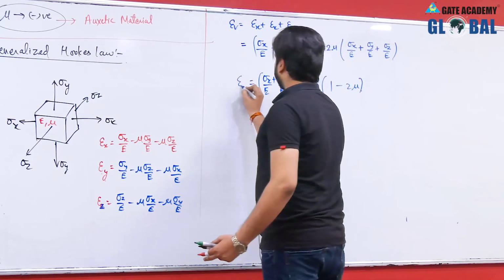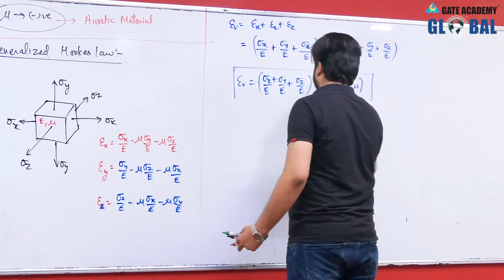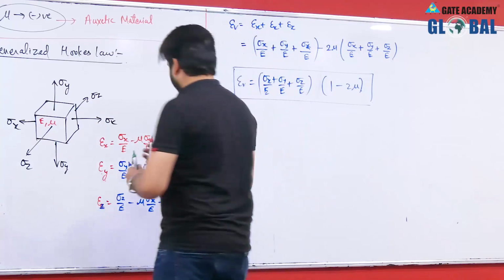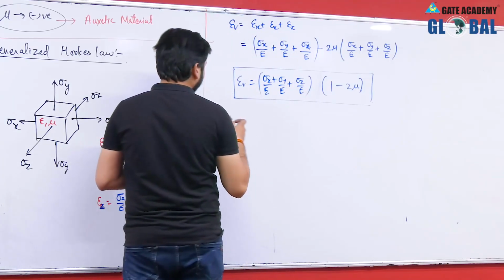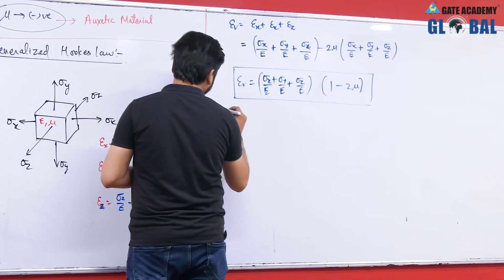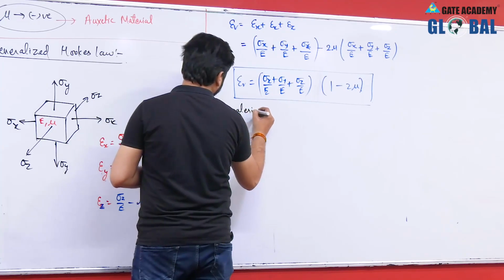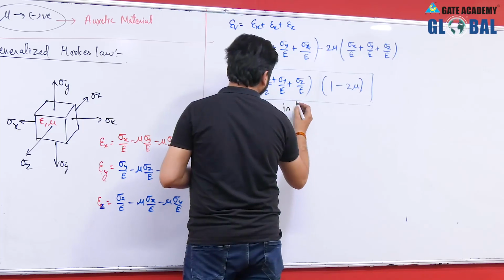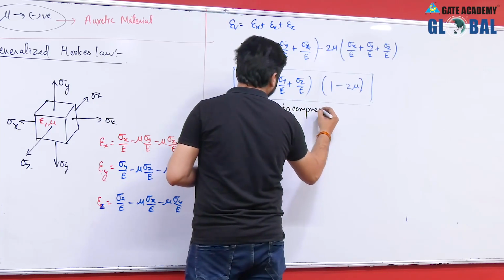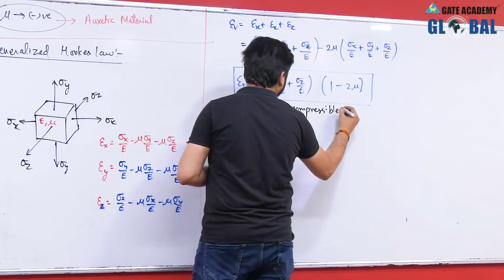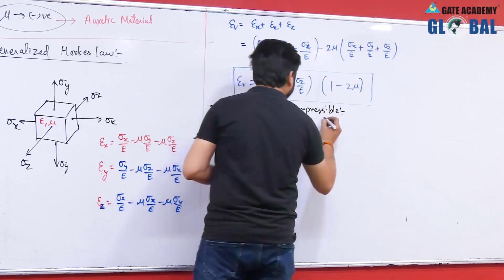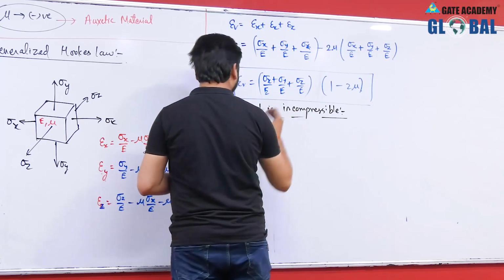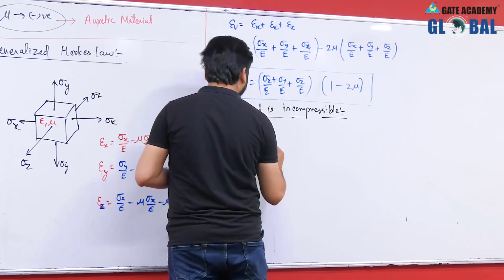Now, if a material is incompressible, then the volumetric strain must be 0. So, epsilon V will be equal to 0. On solving the above equation, you will have the value of mu as 1 by 2.